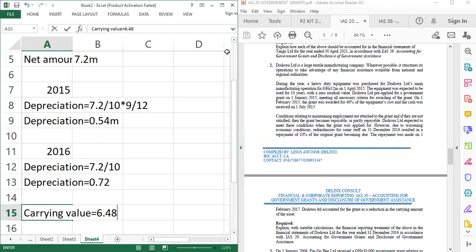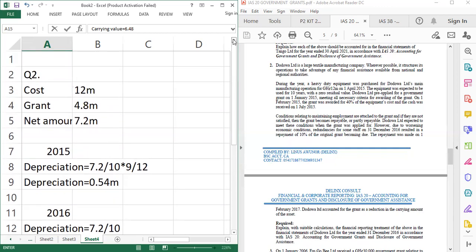How much was the original grant? The original grant was 4.8. If you are paying 10% of it, what would be the amount? 0.48.